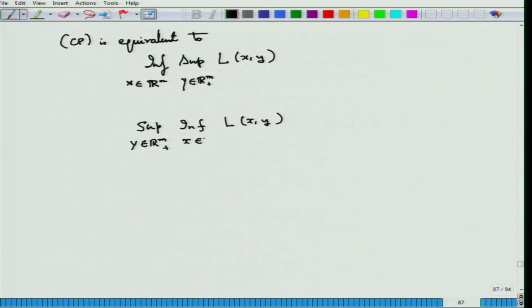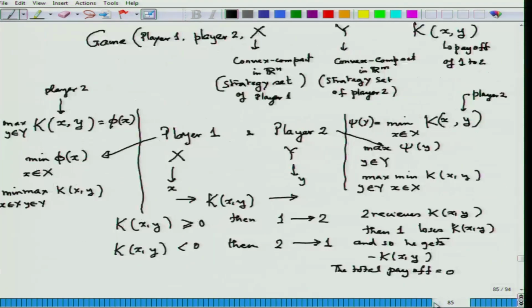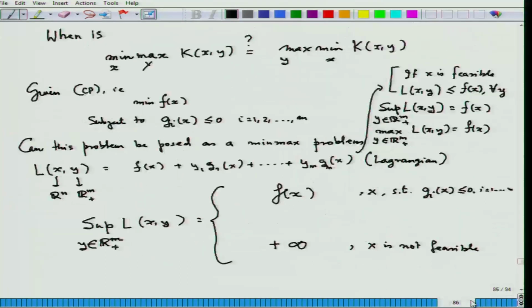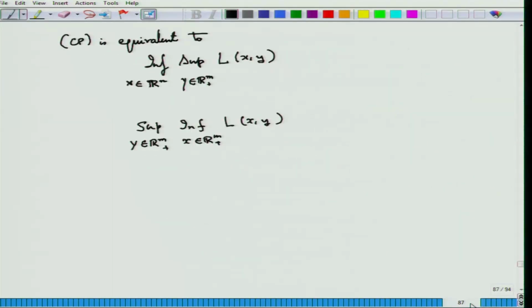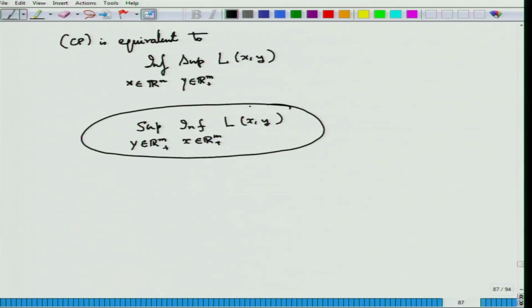I am just imitating what I have done for player 2 in this case. What I have done for player 2 is this problem: max of the min of the payoff. So, suppose I write this problem, is there any relation? That is the important question.